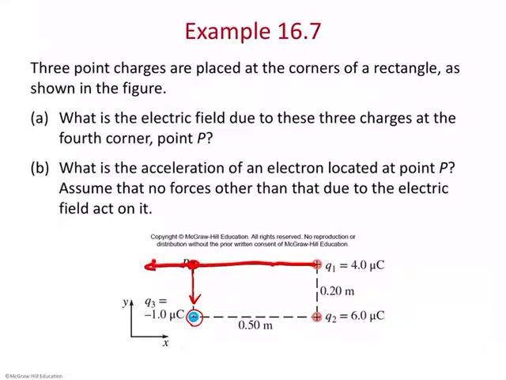This is a positive charge, so this electric field is going to push this one. And this is a positive charge right here. It's going to go at a diagonal.